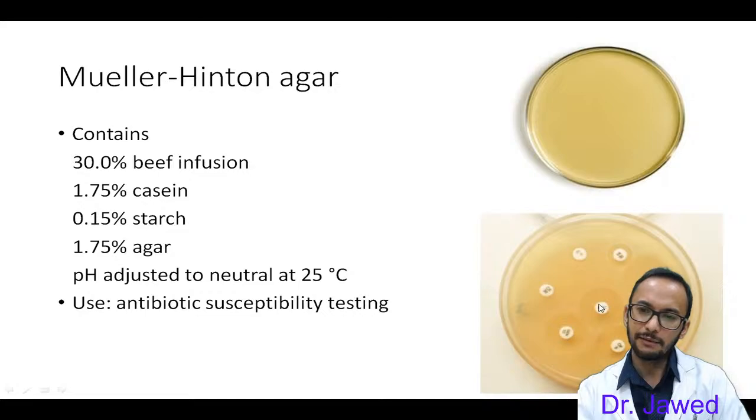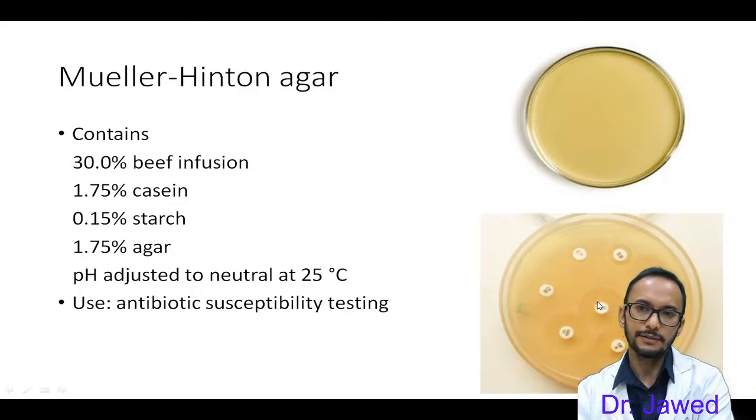We measure the diameter of the zone of inhibition to see how much it has inhibited the organism, whether the organism is sensitive or resistant to the drug, and based on CLSI guidelines we report the sensitivity of the particular organism.